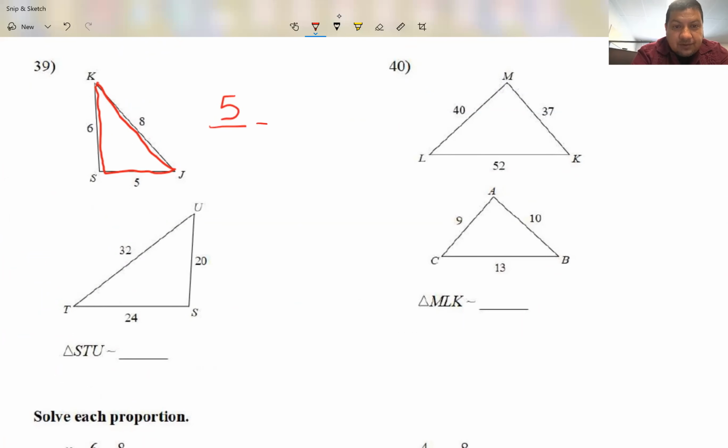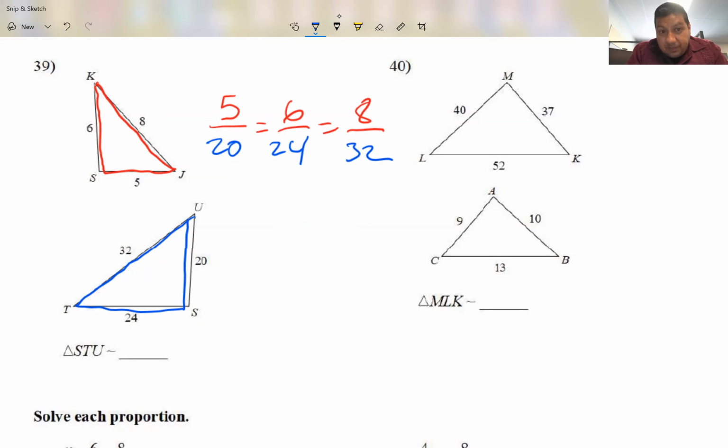Because I'm using three fractions, I cannot put three numbers in a fraction, so I'm going to make three fractions. Now I'm going to keep this all on the top. From my blue triangle, the other triangle, my measurements are 20, 24, 32. Notice that in the red triangle or the blue triangle, my three numbers, I went from small to large.